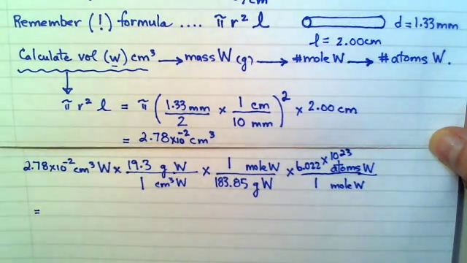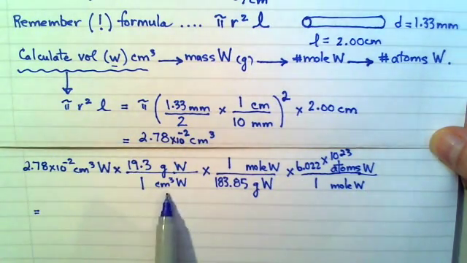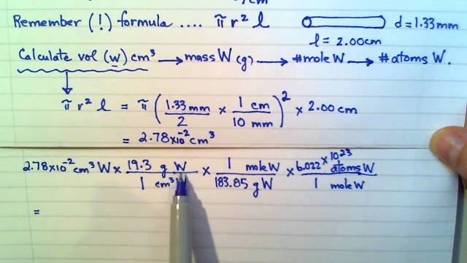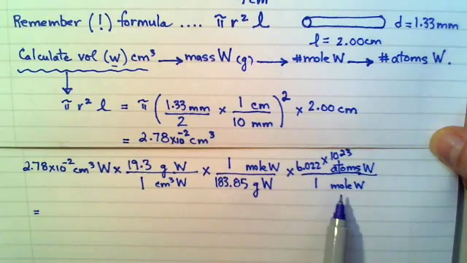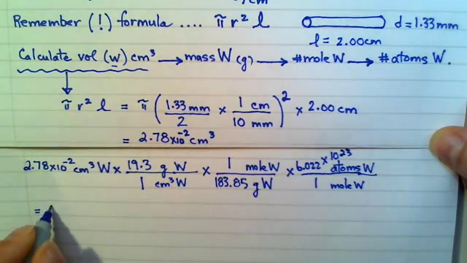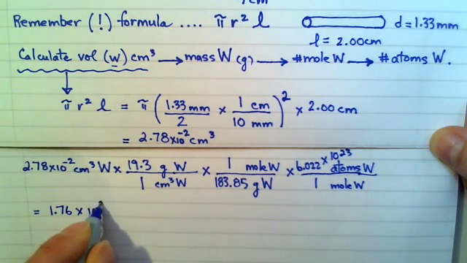Let's plug this into the calculator again, confirming that my cubic centimeters of tungsten cancel with cubic centimeters of tungsten. My grams of tungsten cancel with grams of tungsten. My moles of tungsten cancel with moles of tungsten, and I'm left with a number of atoms. And I get 1.76 times 10 to the 21.